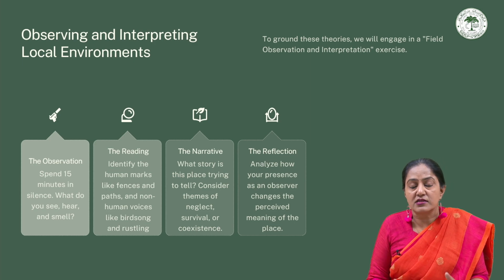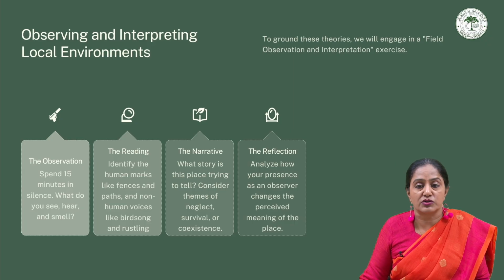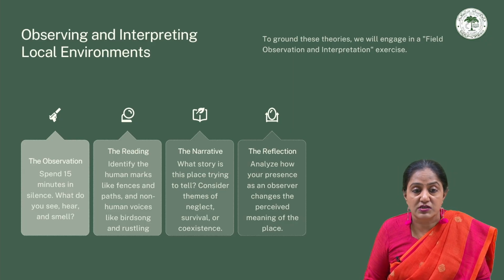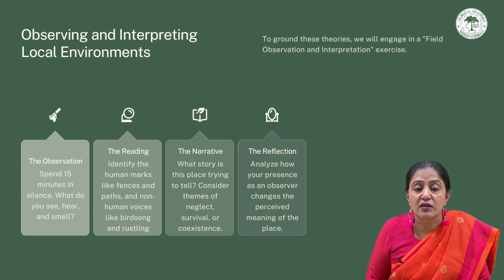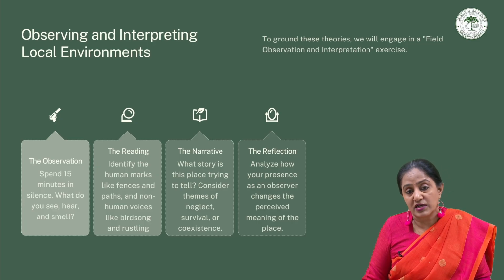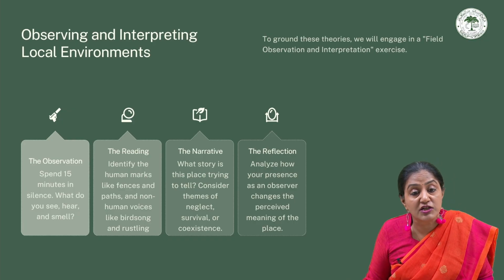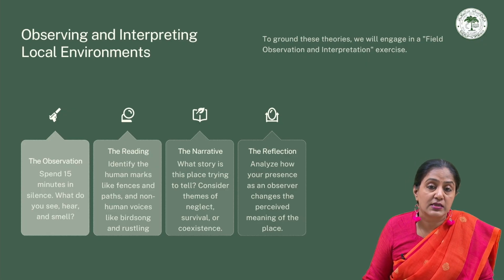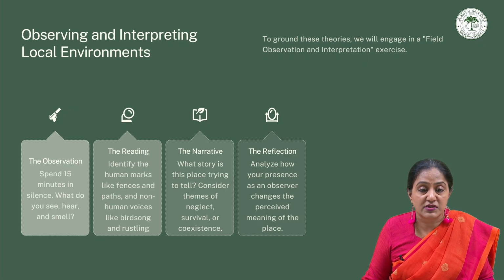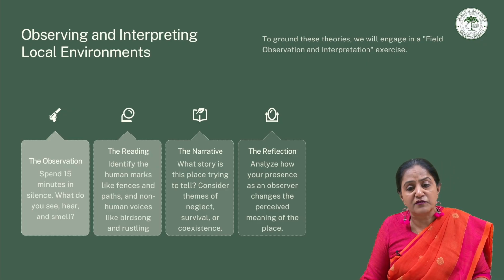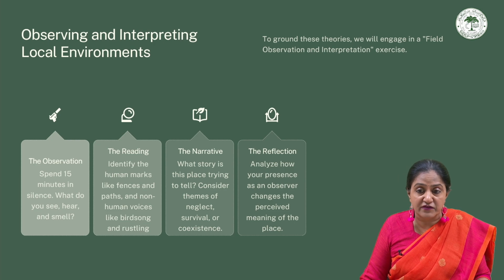Reflection requires us to examine our own position within environmental systems. We are not detached observers. We participate in the very process we study. Our consumption patterns, transportation choices, lifestyles, and institutional affiliations all influence environmental outcomes. Environmental humanities therefore combines observation with self-reflection.